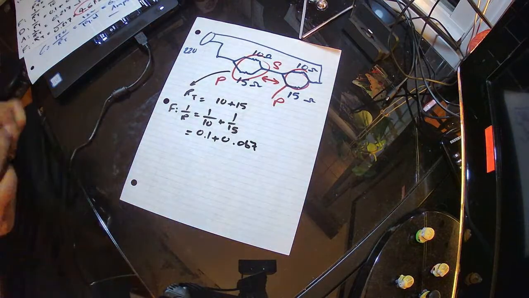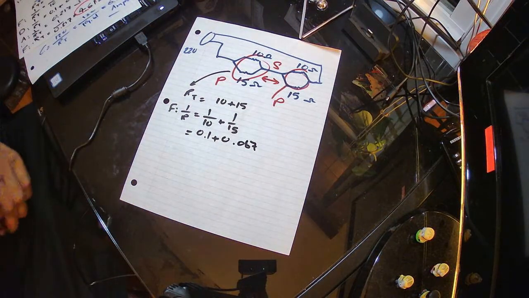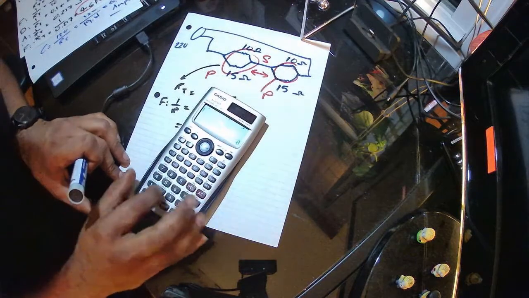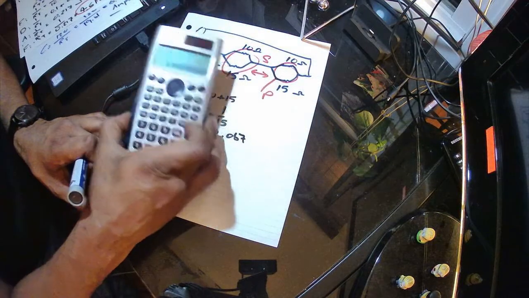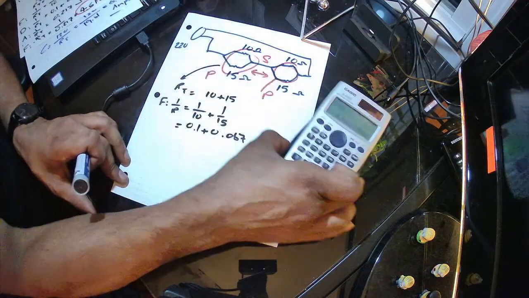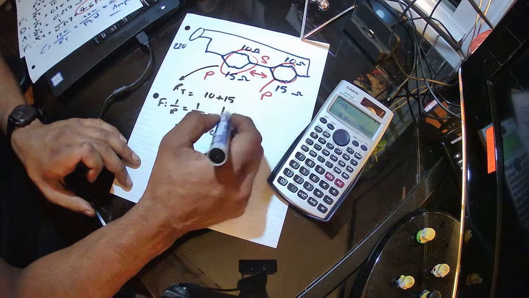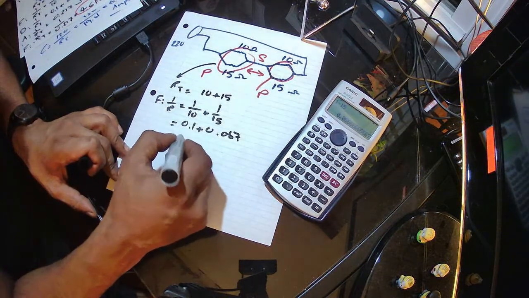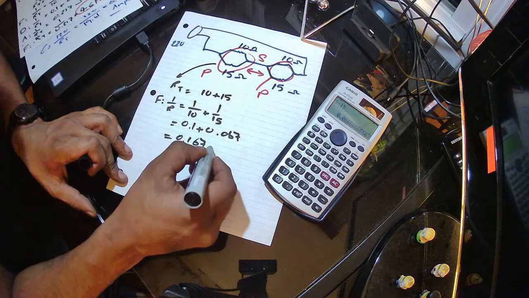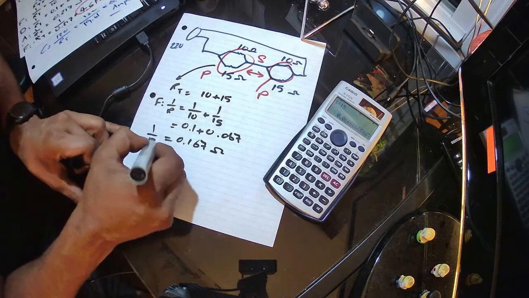This is 1 over 15. If I look at the calculator here, 1 over 15 is 0.067. The main reason for flipping is just to get rid of the fraction and get the decimal. So this will be 0.167, 1 over RT.